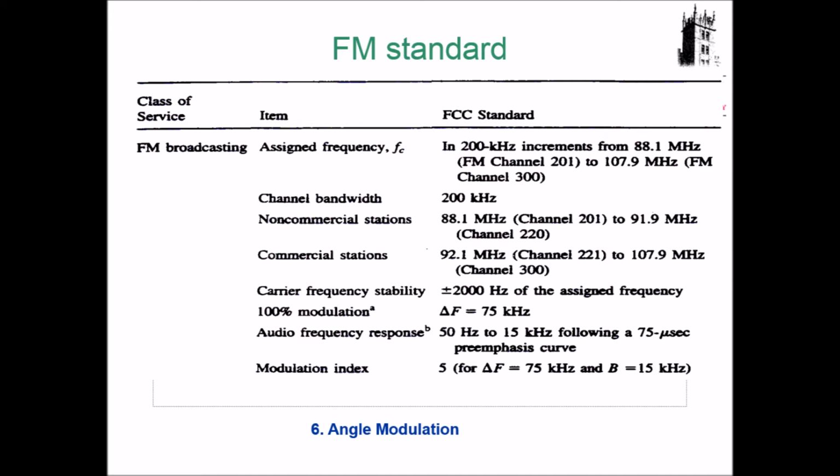Each station occupies around 200 kilohertz, so the bandwidth is much wider compared with our AM broadcast. Commercial stations run from 92.1 to 107.9.